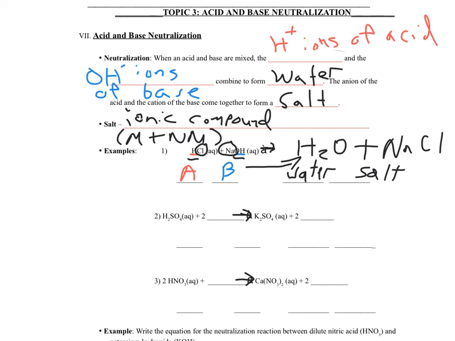So number 2, I've got H2SO4 plus 2 of something yields K2SO4 plus 2 of something. Okay, so there's a couple places that we could start here. I'm going to start with identifying what we have here. A really, really easy way that you could figure out, for example, what H2SO4 is, if you haven't already pieced it together, is to use the reference table.